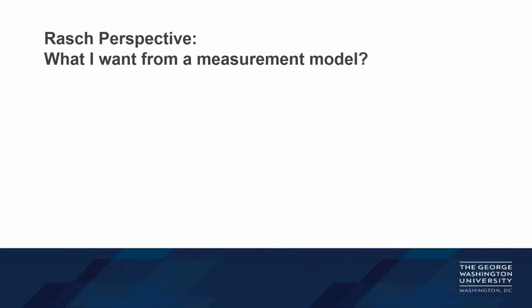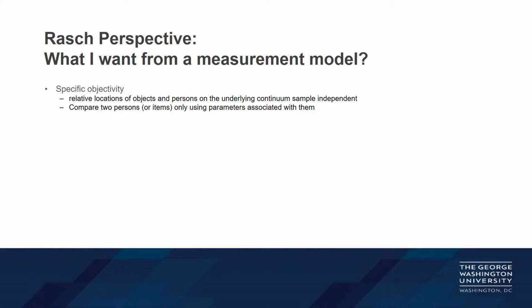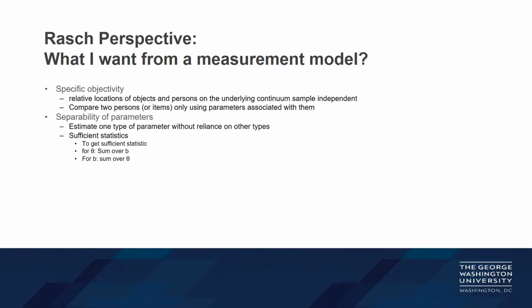From a Rasch perspective, there are certain characteristics we want from our measurement model. We want specific objectivity. Think about relative locations of objects and persons on the underlying continuum as sample independent. So we can compare 2 persons or items only using the parameters associated with those persons or items.